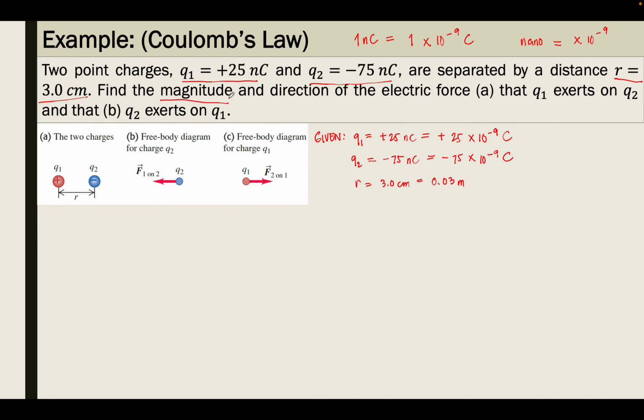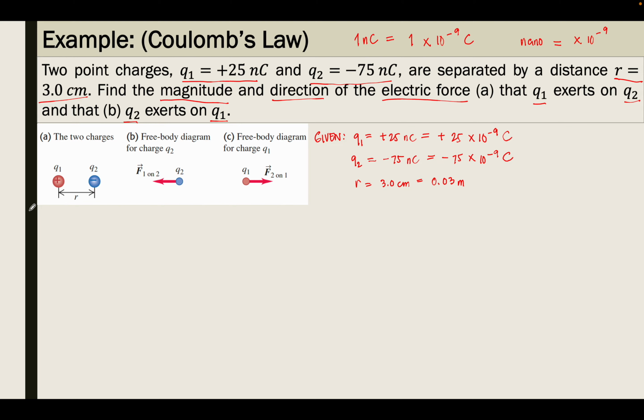So we will find out the magnitude and the direction of the electric force. We have A and B. For letter A, we will find out the magnitude and direction of the electric force that Q1 exerts on Q2. And for letter B, we will find out the magnitude and the direction of the electric force that Q2 exerts on Q1.